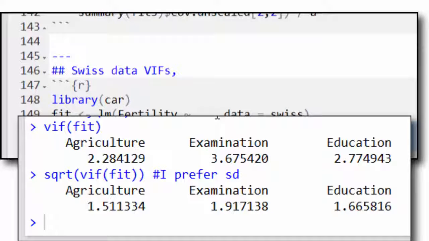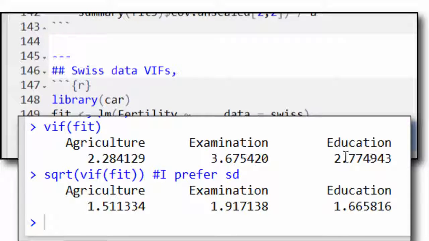So the agriculture one is 2. What does that mean? It means the standard error for the agricultural effect is double of what it would be if it were orthogonal to all the other regressors. Okay, and we see that some of them are quite high. Examination is quite high, 3.67, so almost 4 times what it would be if it were orthogonal to all the other regressors.